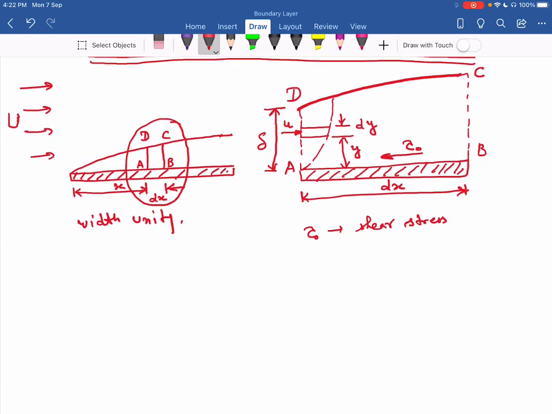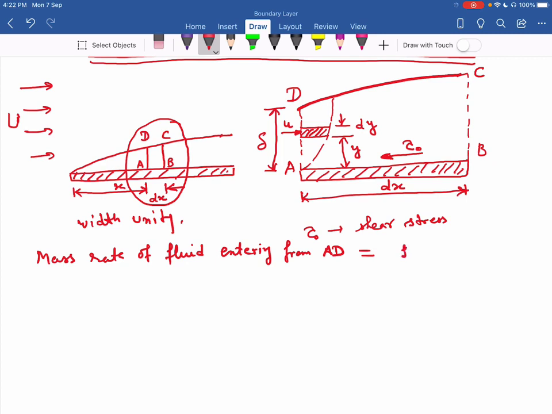Now I try to write the mass rate of fluid entering through AD. Through the small strip, the mass entry is rho times area times velocity.